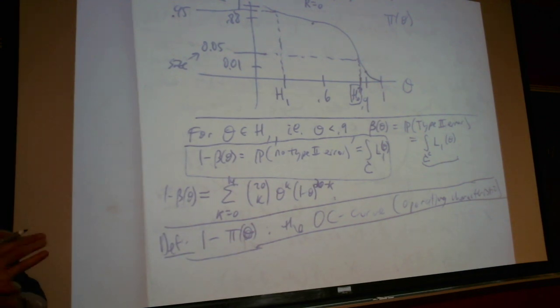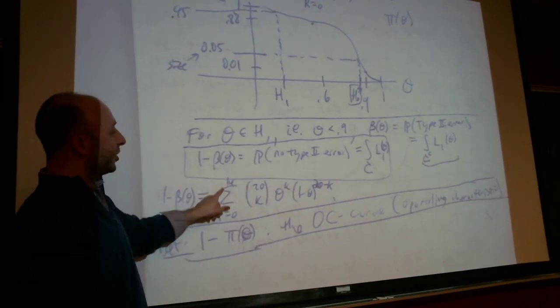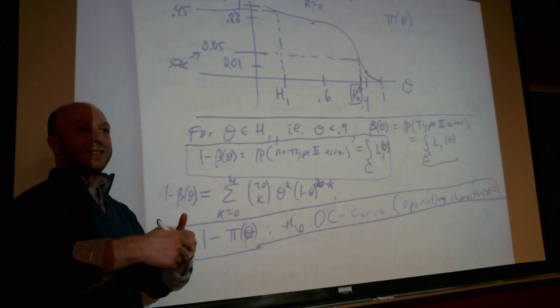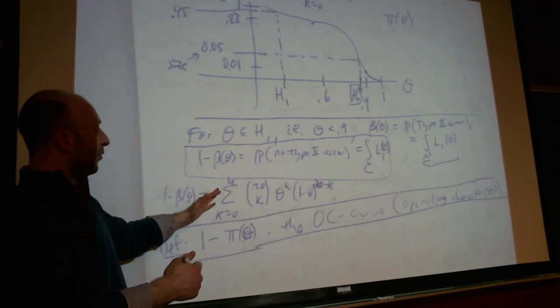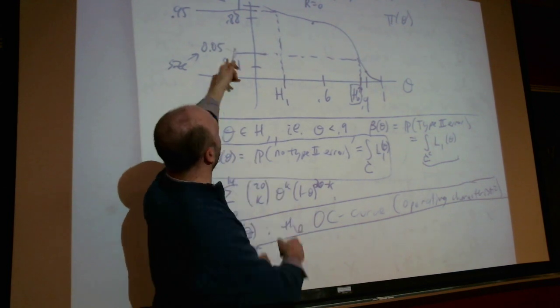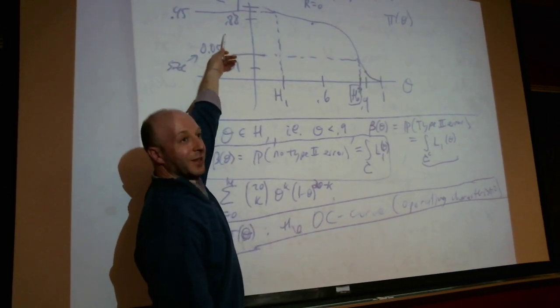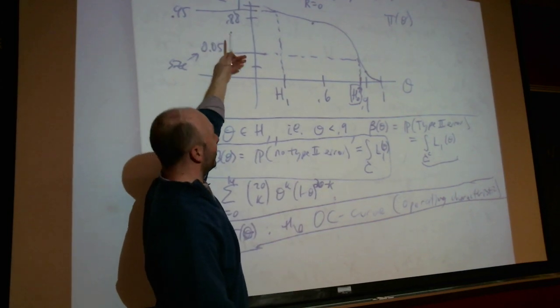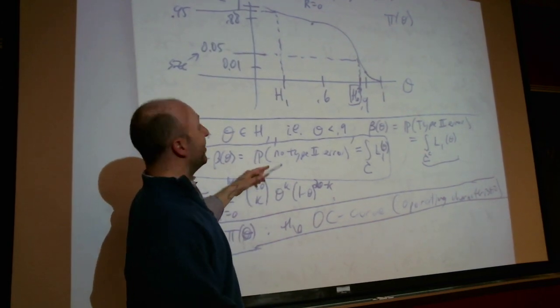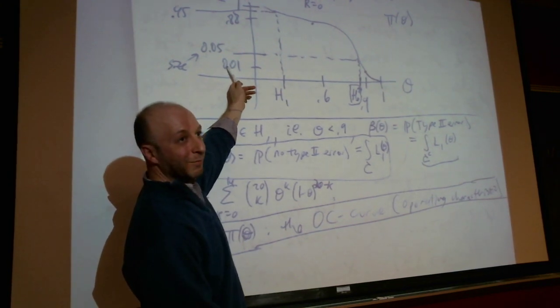Yes, Jake. This is all for a specific critical region? This is all for a specific critical region, yes. So I've chosen, it's a little bit backwards, but I said this last time, that if your test comes out to have too large a power, there's a bunch of things you could do to decrease that power. You can change the critical region, but that will also change the size of the test, typically.